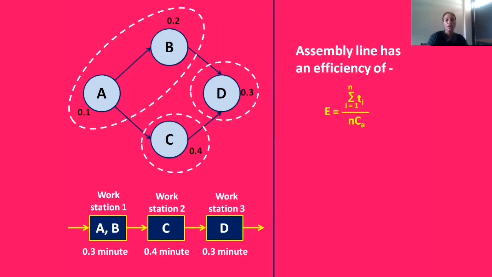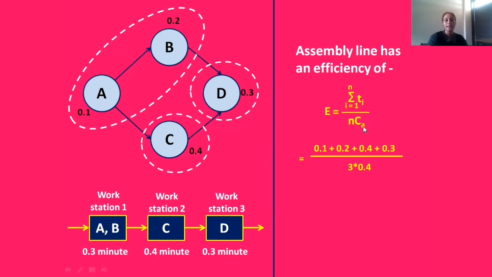Now we need to calculate the efficiency. The formula is the summation of the task times divided by N times CA. N is the actual number of workstations and CA is the actual workstation time, that is the maximum workstation time. Now we put all these values in the numerator and denominator. N is the actual number of workstations; we have designed a total of 3 workstations, so N would be 3.